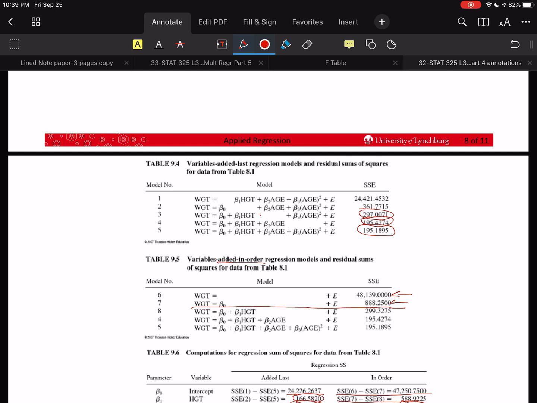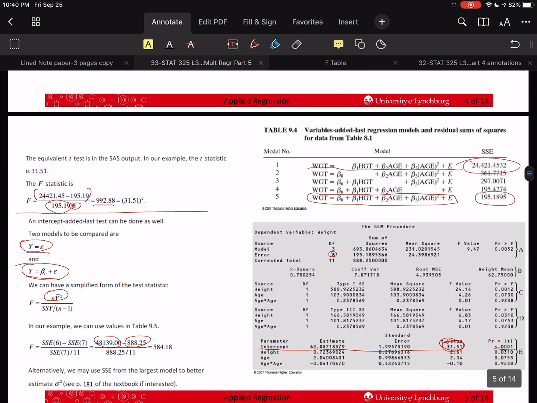And so we take those, we subtract, and then we divide by the degrees of freedom, which is 11. So we have 888 divided by 11 degrees of freedom in this case. That's the total. Model 7 is without anything except the intercept in it, so that would be the same as here.